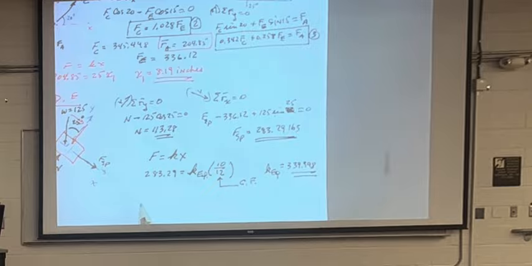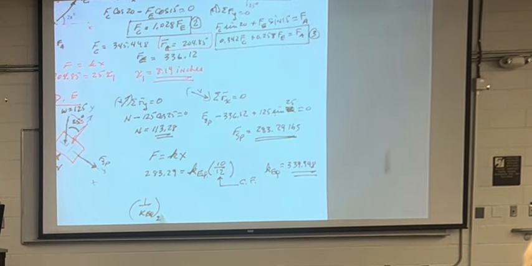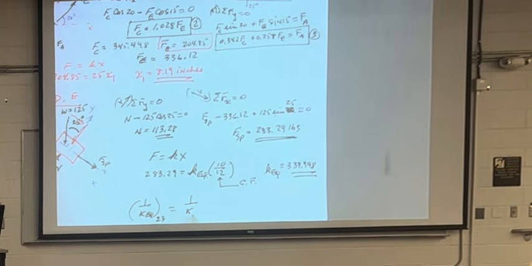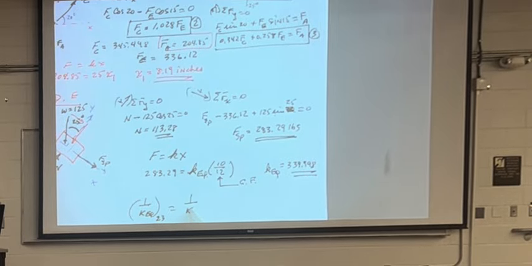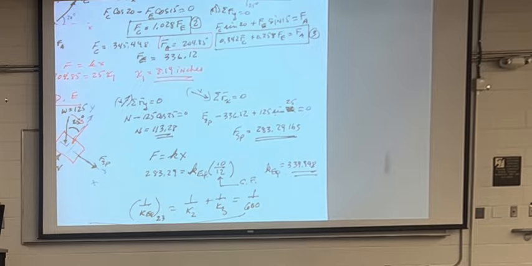So now I have two springs, I can say 1 over K equivalent of 2, 3 is equal to 1 over K2 plus 1 over K3, which is 1 over 600. 600 is converting 50 pounds per inch times 12 inches per foot to get it in feet units.